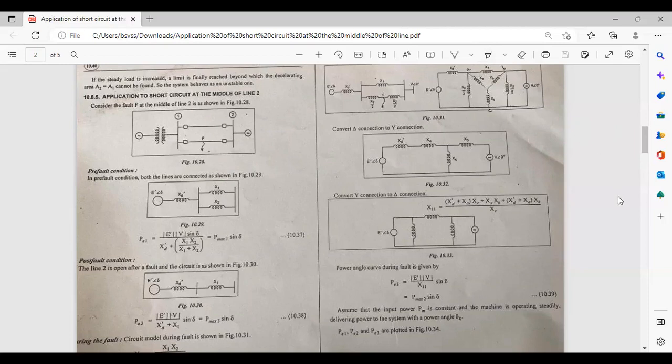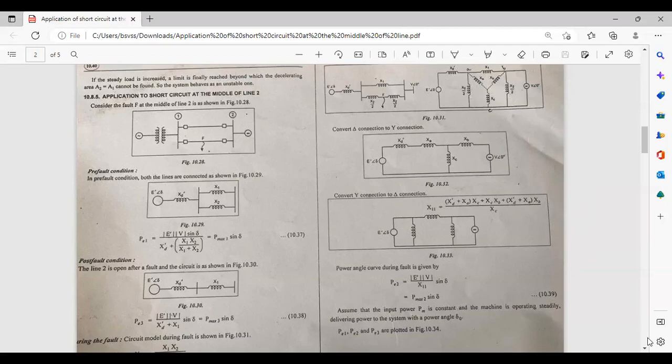Therefore, in the numerator, we get X1 into X2 divided by 2. In the denominator, we get X1 plus X2 by 2 plus X2 by 2. What is X2 by 2 plus X2 by 2? It is half plus half, which becomes 1, so it becomes X2.